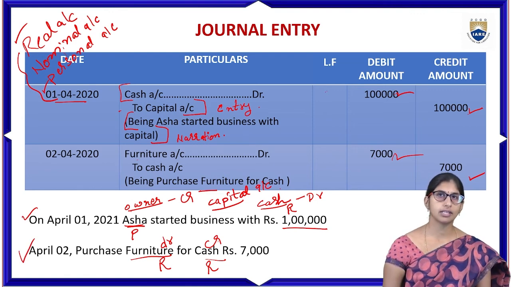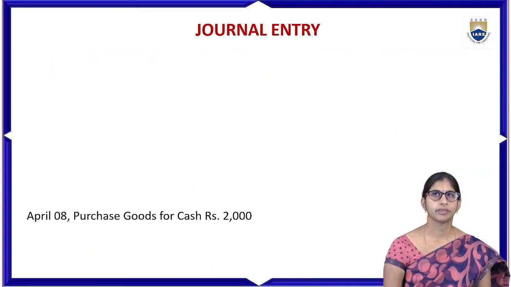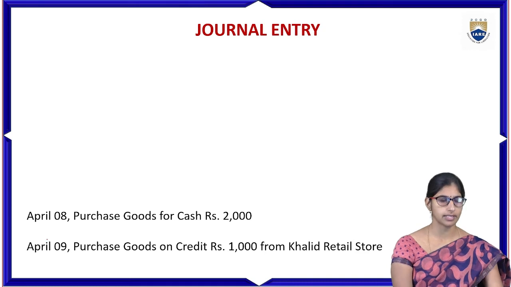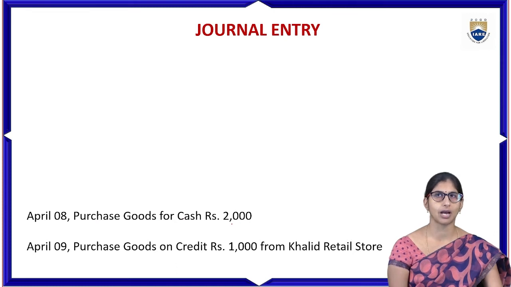Now let's move on with the next 2 transactions. On April 8th, purchased goods for cash rupees 2000. First, we need to identify the 2 important items in the transaction.